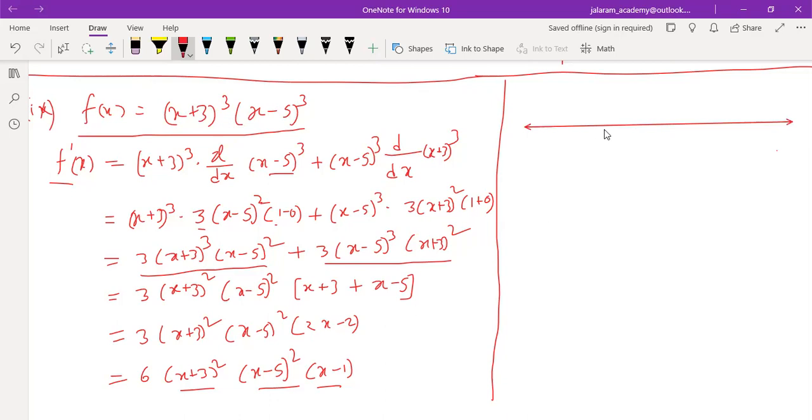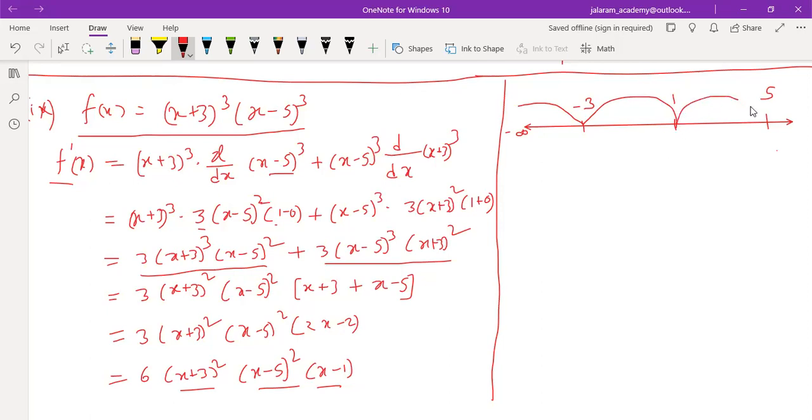First point is -3, the smallest point. Second is 1. Third is 5. And what is the first interval? Less than -3, minus infinity to -3. Second interval, lying between -3 and 1, -3 to 1.